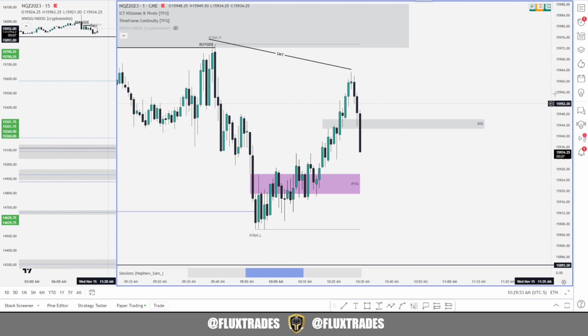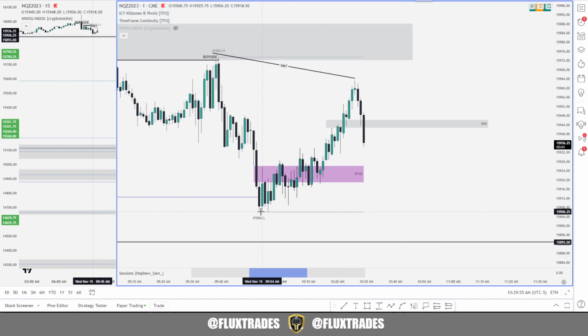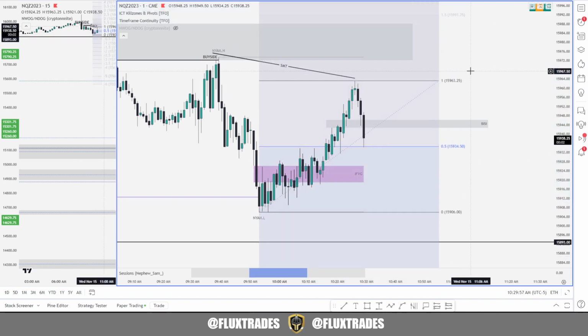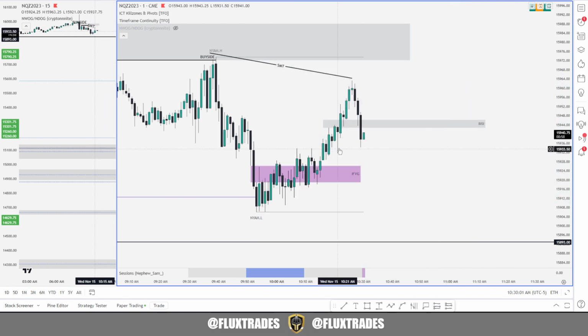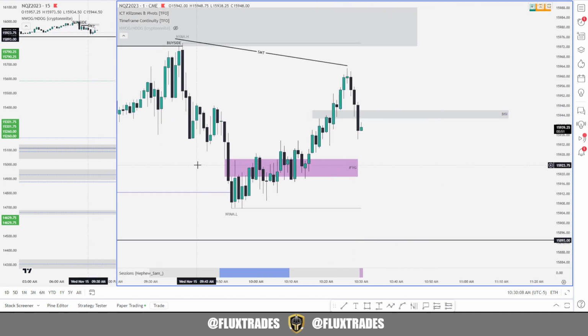And there's NQ dropping off. We are dipping into discount. Right there. Tiny breaker formation.